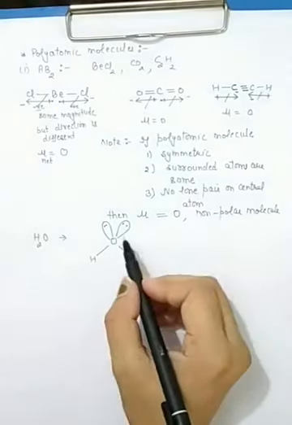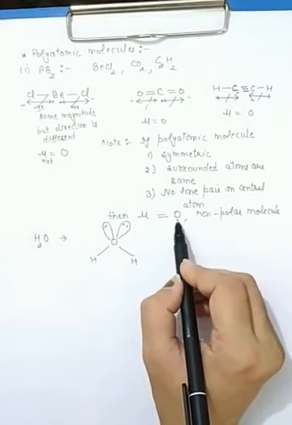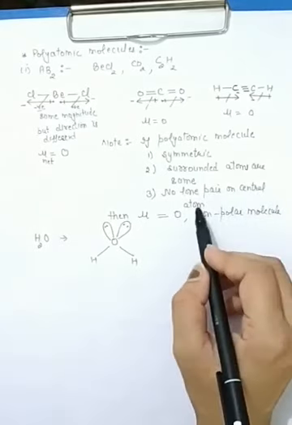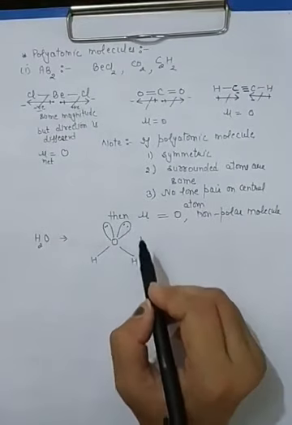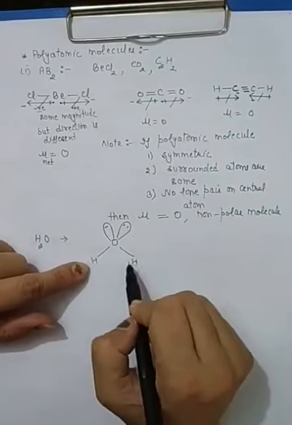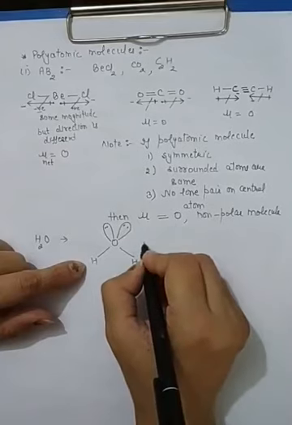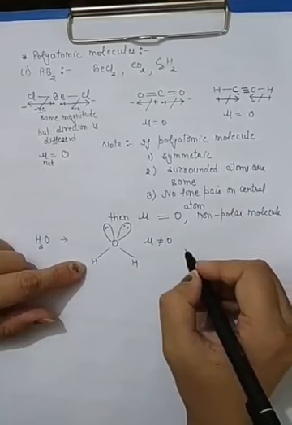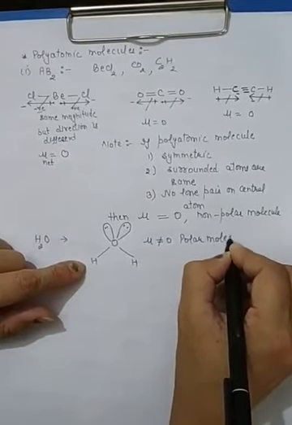So for the condition of dipole moment equal to 0, there is no presence of lone pair on the central atom, but here oxygen has two lone pairs, also its geometry is not symmetric, it is unsymmetrical, hence for this molecule mu is not equal to 0, hence it is a polar molecule.